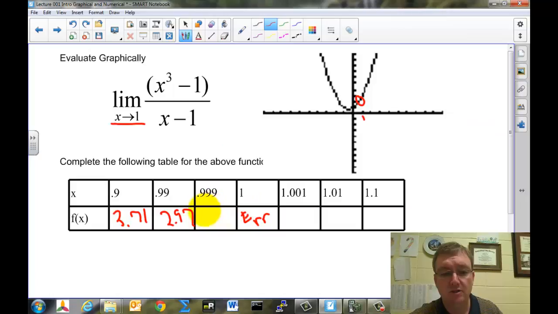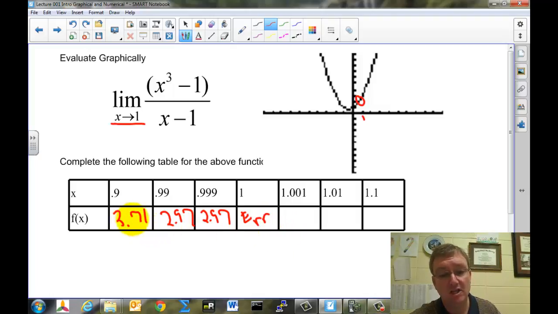So I want you to just take a moment now and look at what is happening with our function values. X is getting closer and closer to 1. It started off at 0.9, it's 2.71. At 0.99, it's 2.97. At 0.999, it's 2.997. And then at 1, it's errored out.